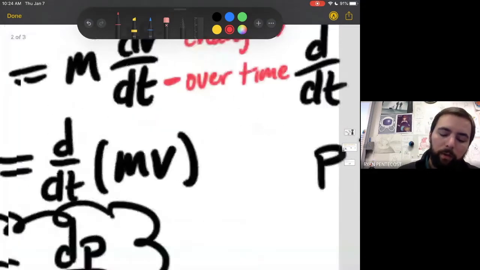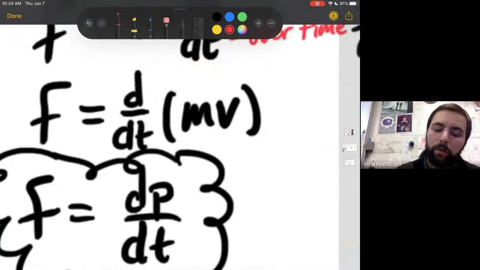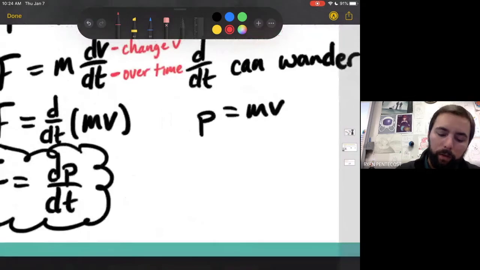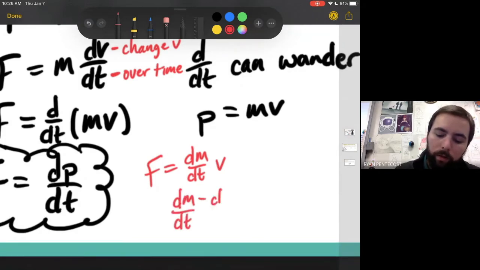However, this equation shows us that you can also use constant velocity and a change in mass over time. So F could also equal dm/dt times some constant v. And dm/dt is change in mass over time.